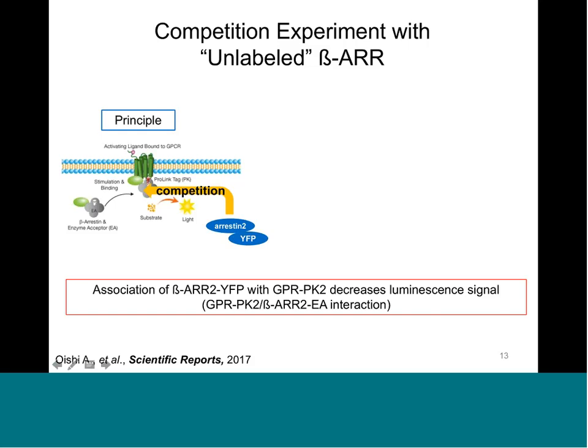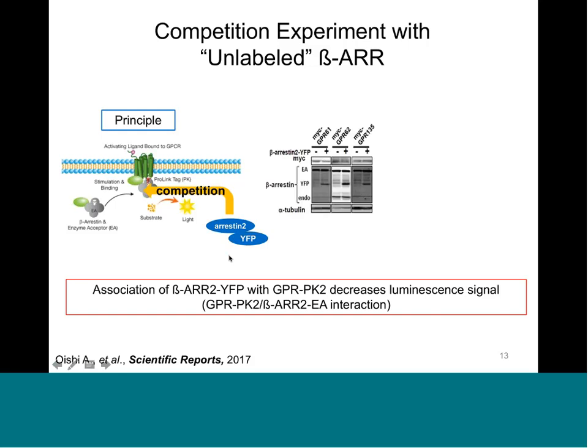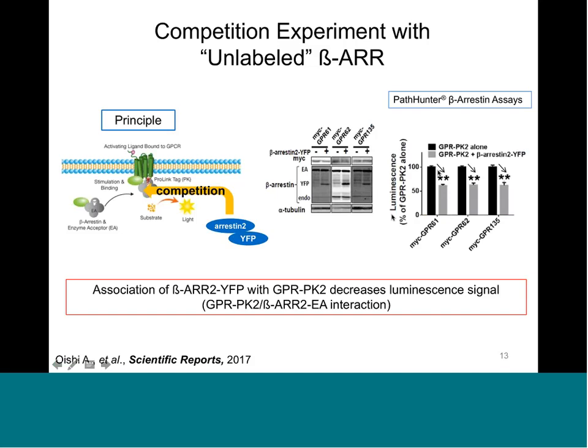As you can see, the expression of beta-arrestin YFP didn't modify the expression level of beta-arrestin enzyme acceptor. This expression of competitor decreased luminescence signal, which suggests interaction between beta-arrestin 2 YFP with GPR PK2. This confirms the luminescence signal due to expression of GPR reflects the association between GPR and beta-arrestin.